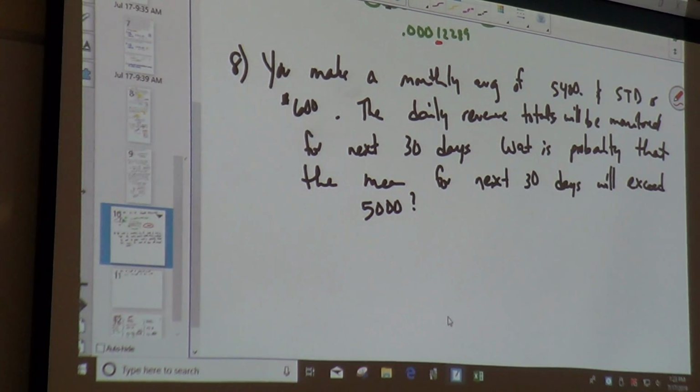The daily revenue totals will be monitored for the next 30 days. What is the probability that the mean for the next 30 days will exceed 5,000? Is it type 1, type 2, or type 3?